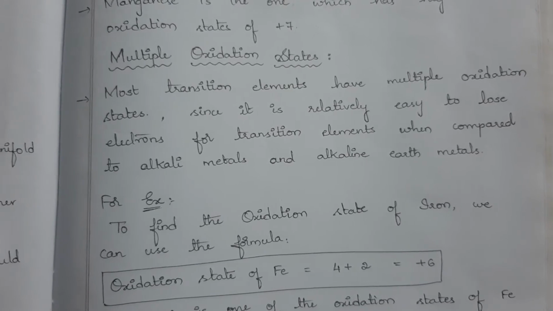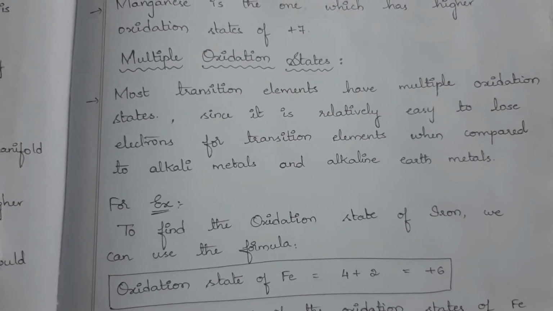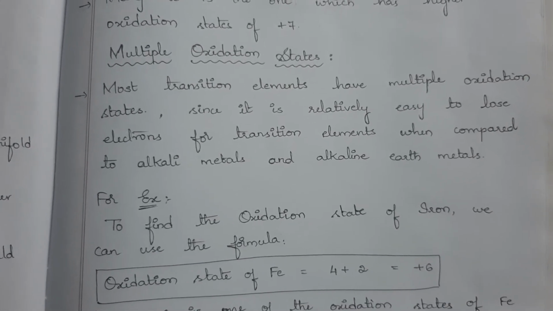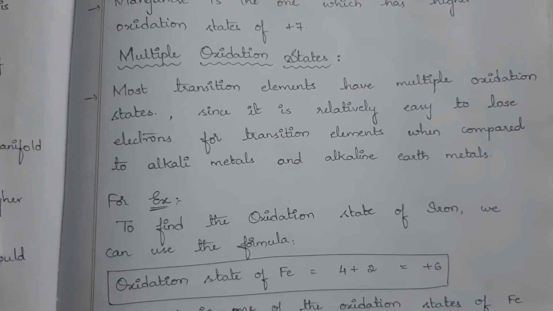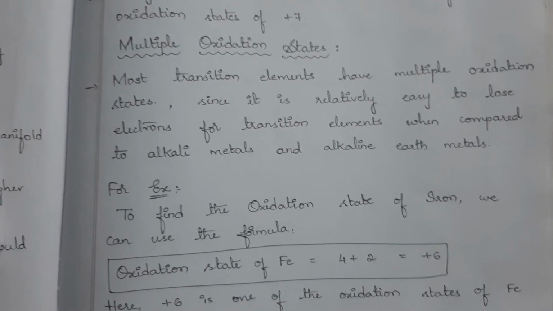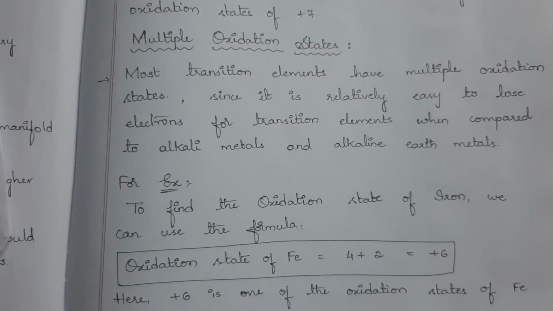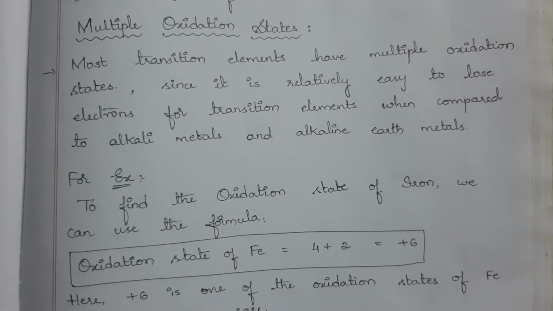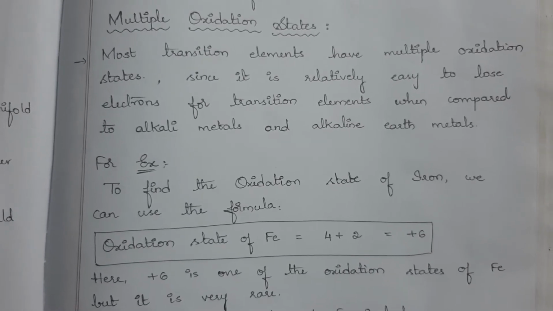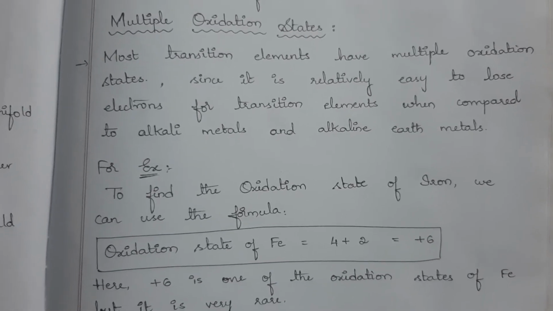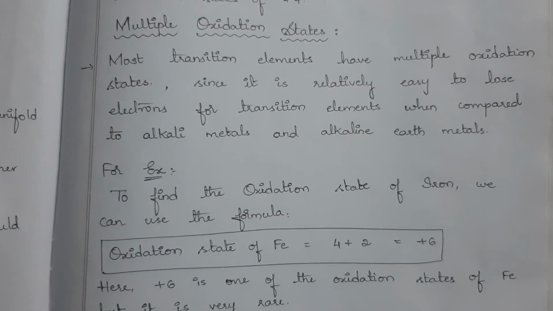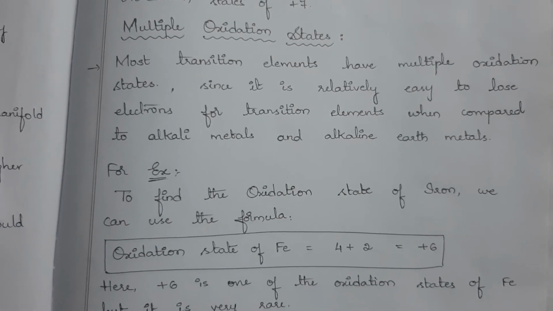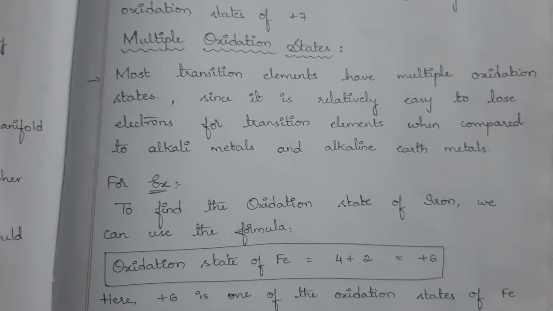Coming to the alkaline earth metals, they have 2 electrons in their valency orbital with an oxidation state of plus 2. But this is not the case for transition metals because they have 5 d orbitals. The d orbitals give a variety of oxidation states. The s orbital also contributes to determining the oxidation states.